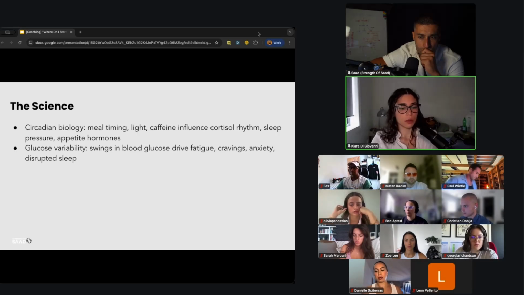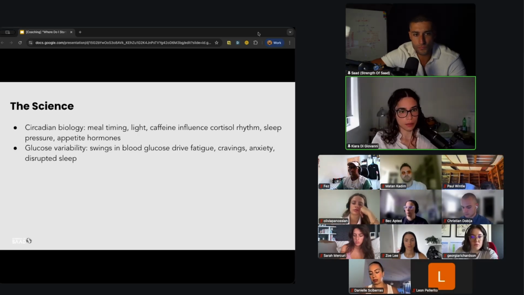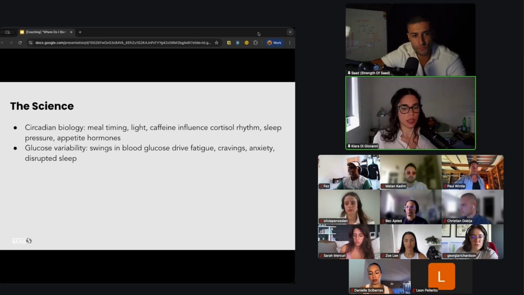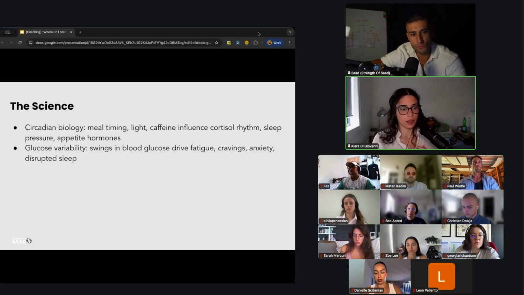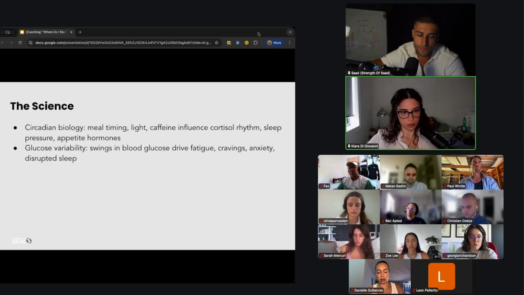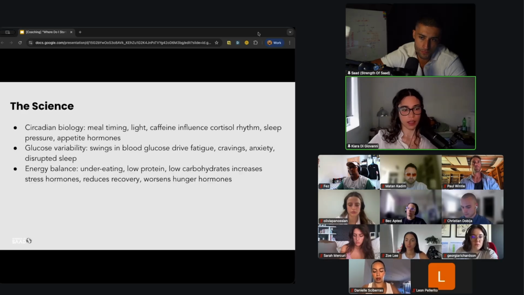So we want to be looking at stabilizing blood sugar because it really drives things like cravings and fatigue, anxiety, even sleep. A lot of people wake up at around 2 or 3 a.m. It's typically from a hypoglycemic response waking them up. So that's a little trick to keep in mind: if they have a bit of juice or something, it'll help them go back to sleep.